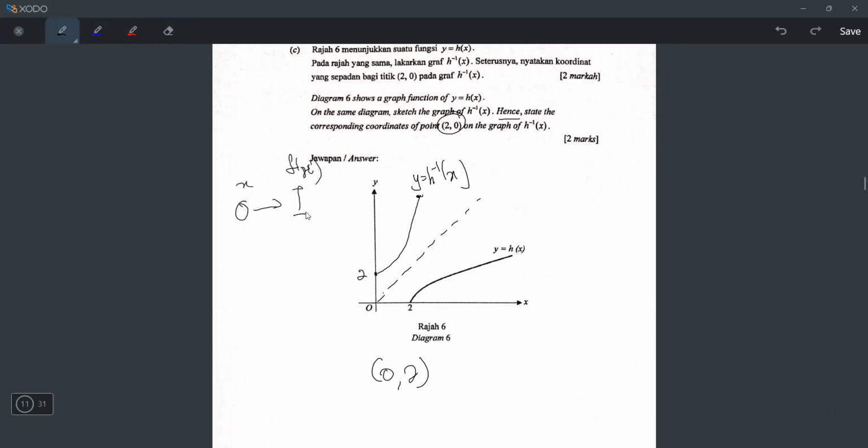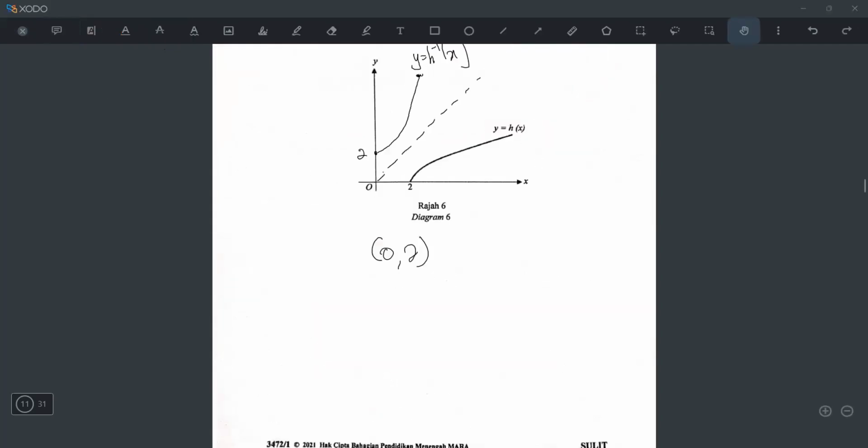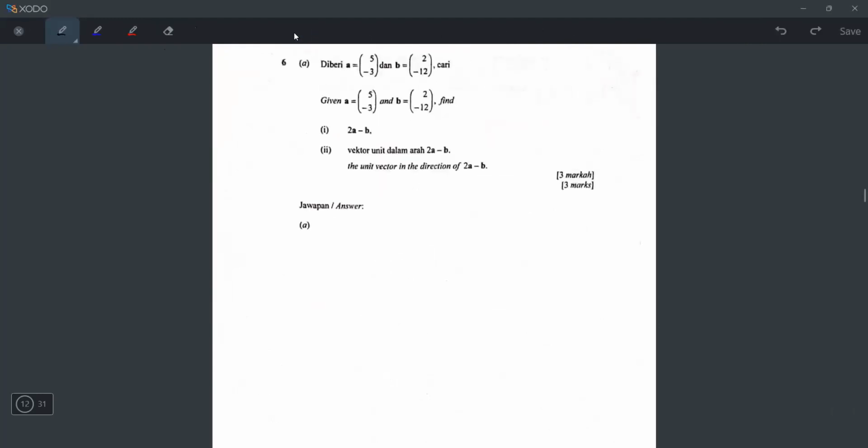But inverse means songsang, terbalik. It means the x coordinate and the y coordinate are terbalik. So for (2, 0), the corresponding point is (0, 2). Let me check with the skema jawapan just to make sure. Right, correct. Nice. So yeah, betul.